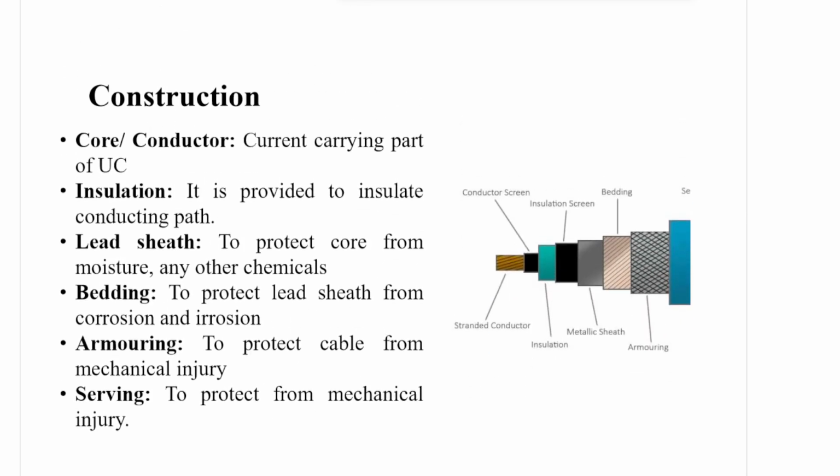Now, in the construction of underground cables, we have several layers. The first layer is called the conductor. It is the current carrying part. Over the conductor, we have a conductor screen, or you can say a paper insulation.